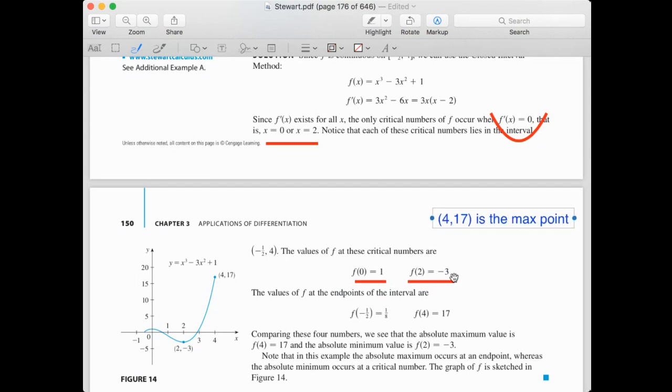And which one is the smallest? -3. We say (2, -3) is the minimum. We're comparing the y values, but we write down the point as the maximum point and minimum point.